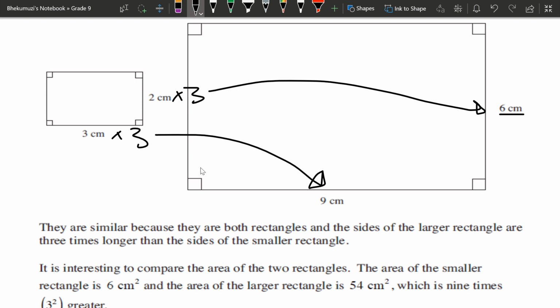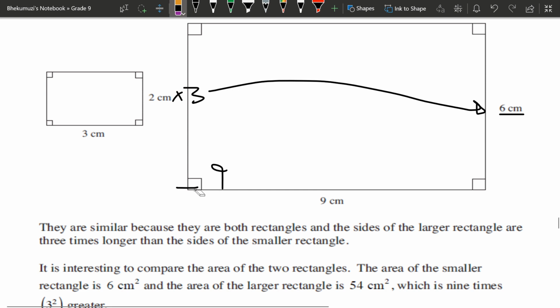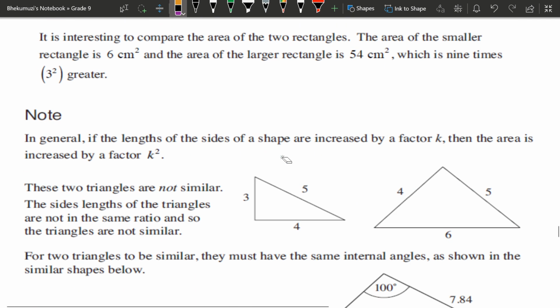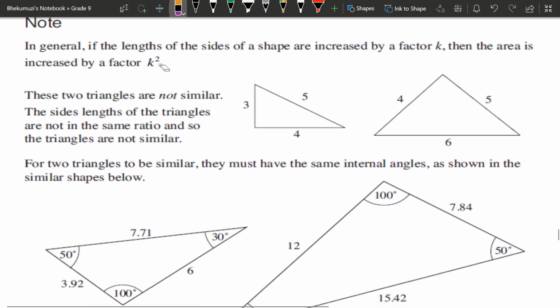We would say it's 3 to the power 2, which is 9 times. And we did see that it is 9 times the area, and that's what they basically mean. So whatever number you increase the length by, you have to raise it to the power 2, and then you'd find what the factor of the increase would be for the area, right?